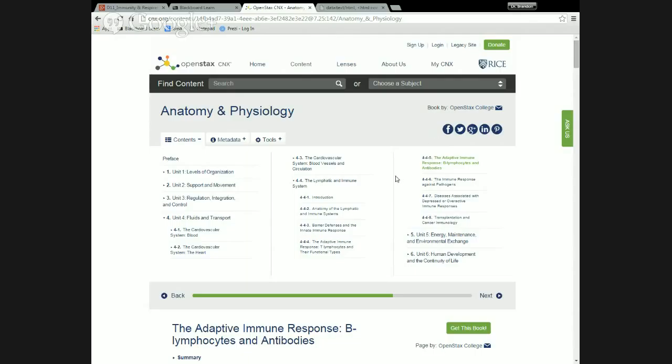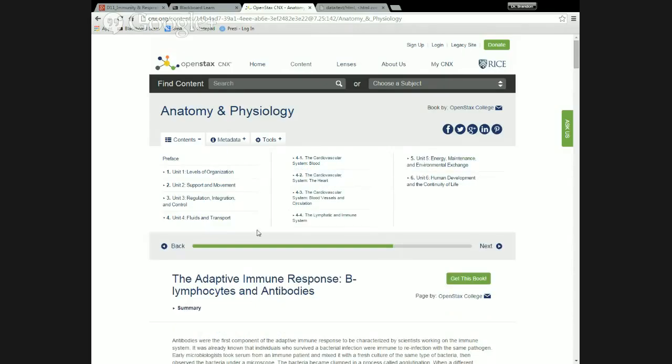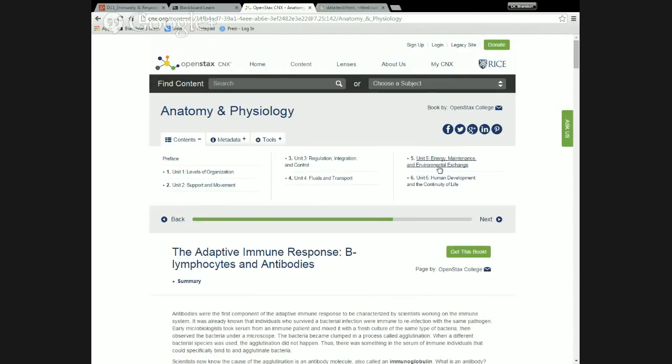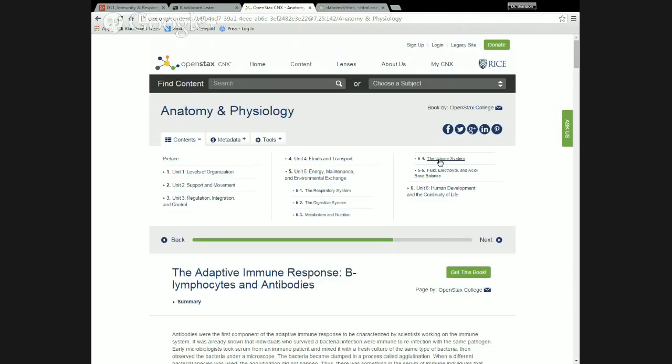So, okay. That wraps up the immune system stuff, which wraps up the unit on fluids and transport. The next thing we're getting into is the unit on energy, maintenance, and environmental exchange. This unit is basically covering the respiratory, digestive, and urinary systems.